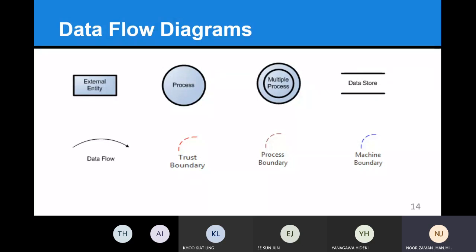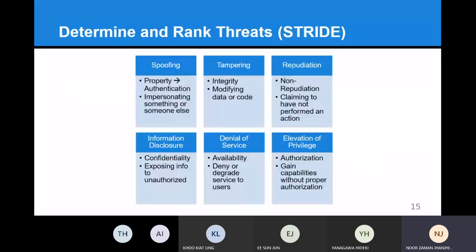You can see that for these processes we have dotted lines, but with different colors. The colors are important here. The colors represent the different boundaries. For example, for the machine boundary we have the blue color, and in the same way we have a different color for the process boundary and for the trust boundaries.